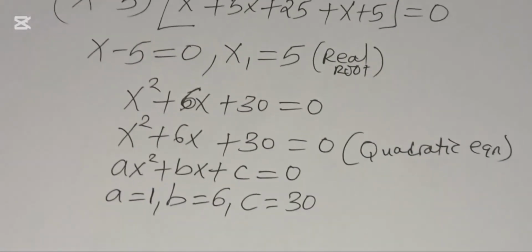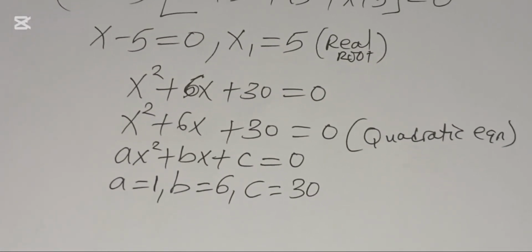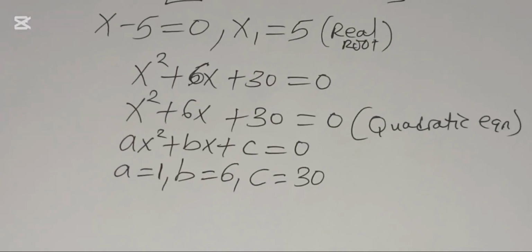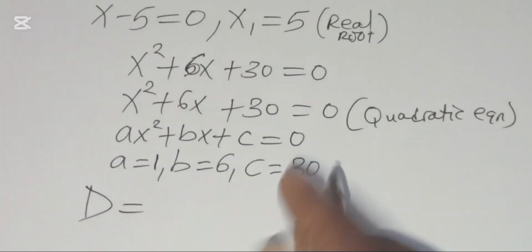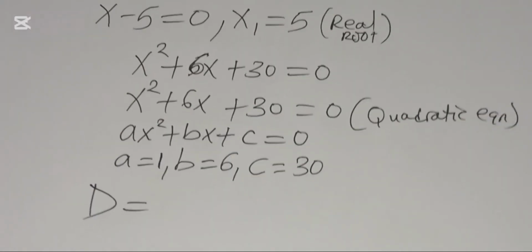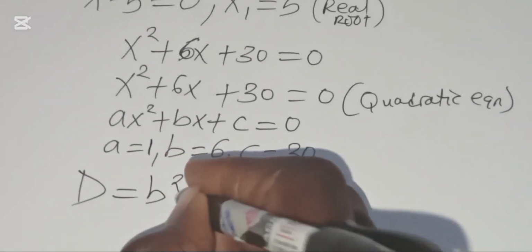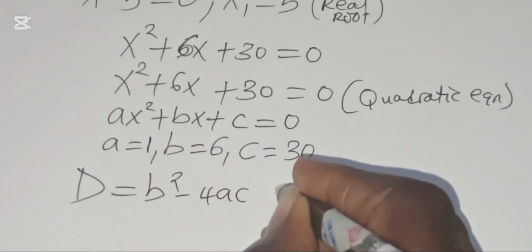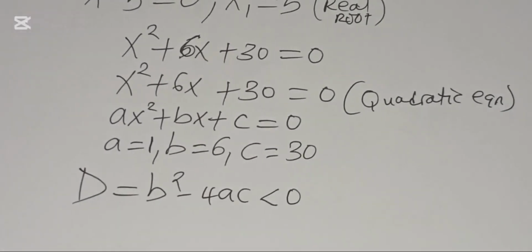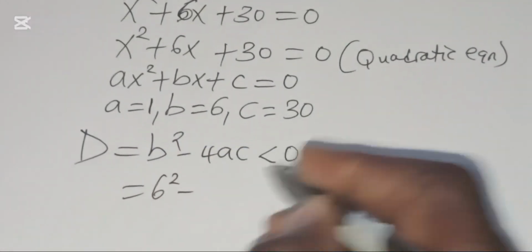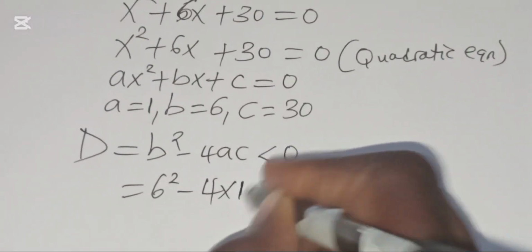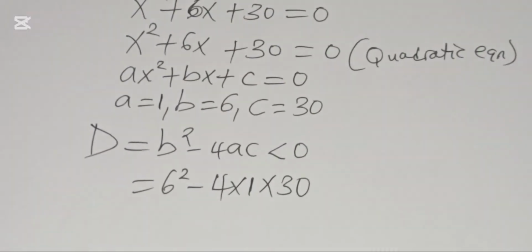Okay, so let's check the nature of the roots of this quadratic equation. Let's check by calculating the discriminant value, which is b squared subtract 4ac. Let's check if it is less than 0. So you're going to have 6 squared subtract 4 times 1 times c, which is 30.